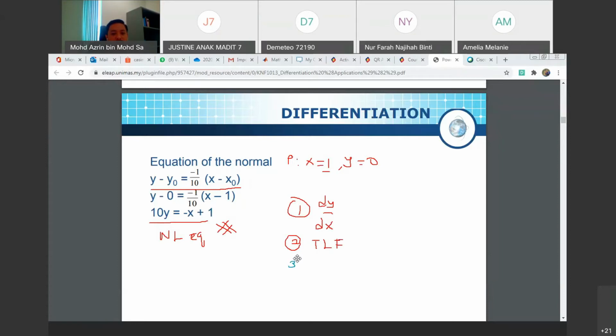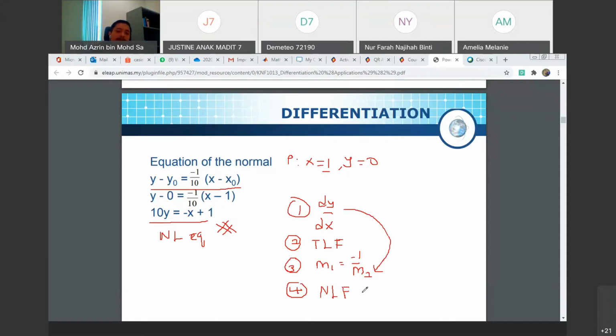Then number three, you find the m1 by using the formula. This is the slope, same as m2. And number four, you use the equation of normal line formula.